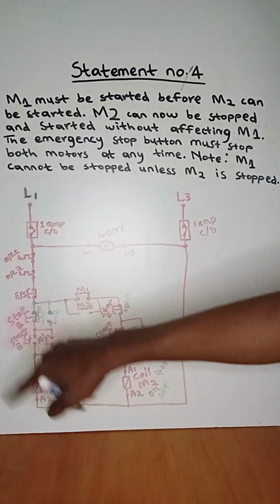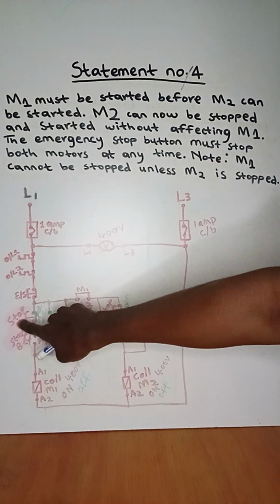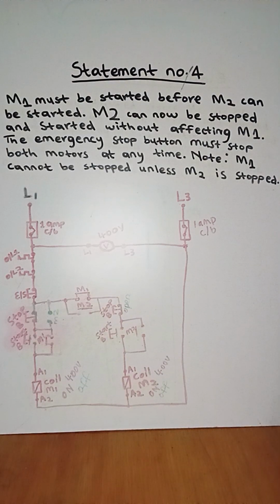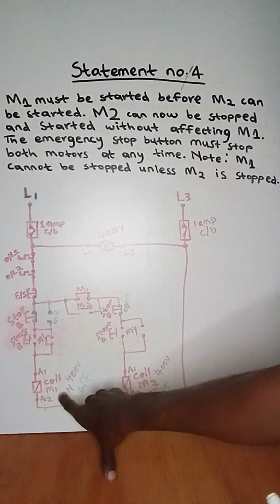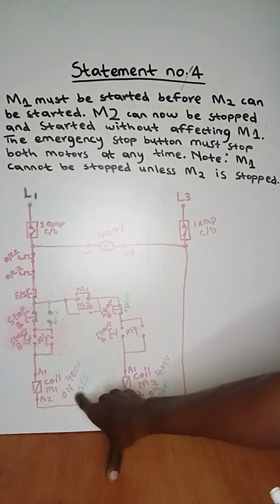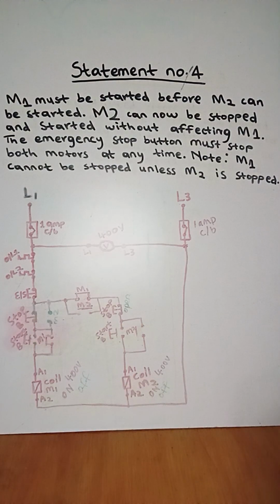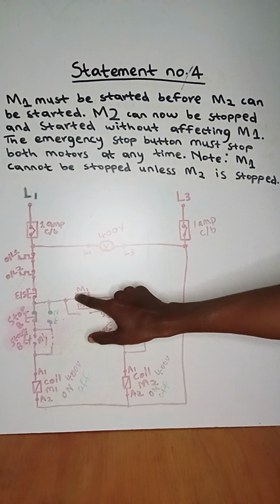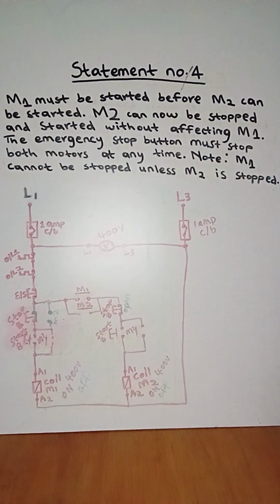I'm letting go of the stop button of motor 1. It creates close contact again, and since the coil of motor 1 is off, it will affect its contacts. Here it will be open, here it will be open, here it will be open, and here it will be open.